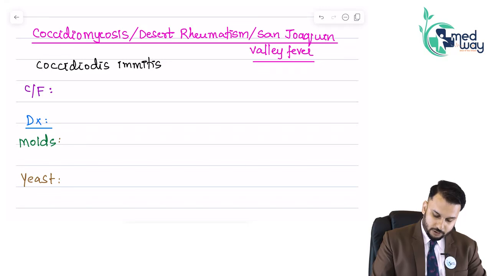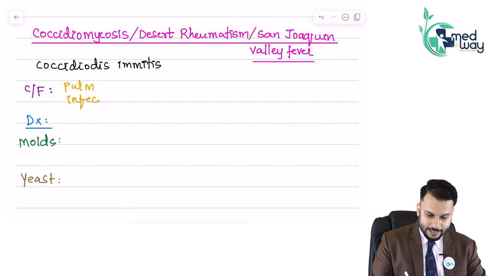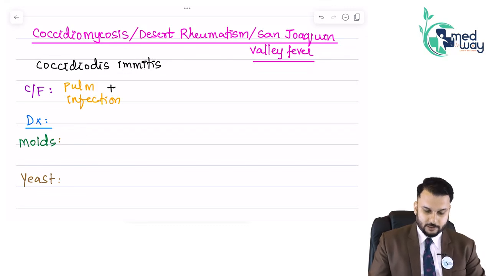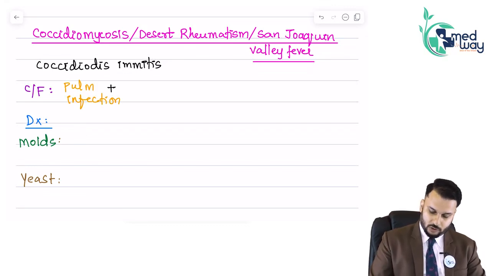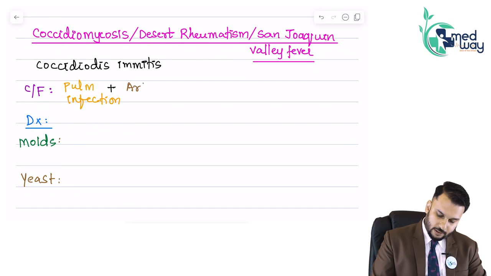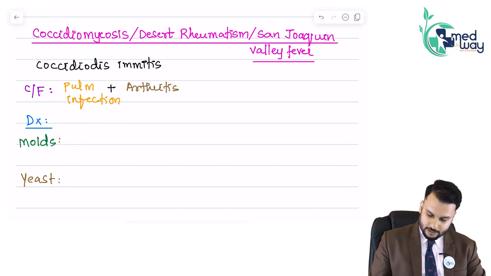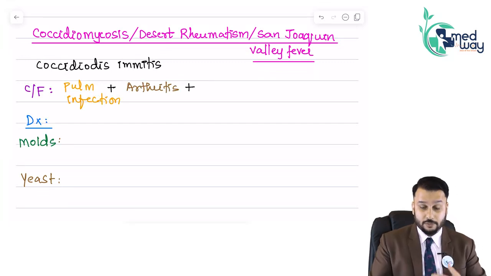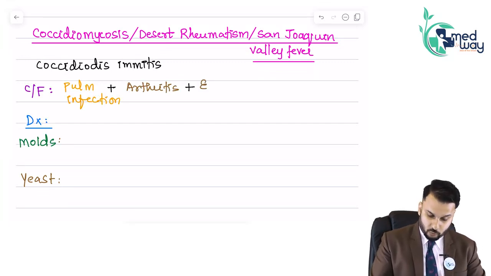Apart from the regular pulmonary infection, there is something extra with this guy. Let's write down. One of the things is arthritis, and the second thing is some swellings or bumps which we call erythema nodosum.